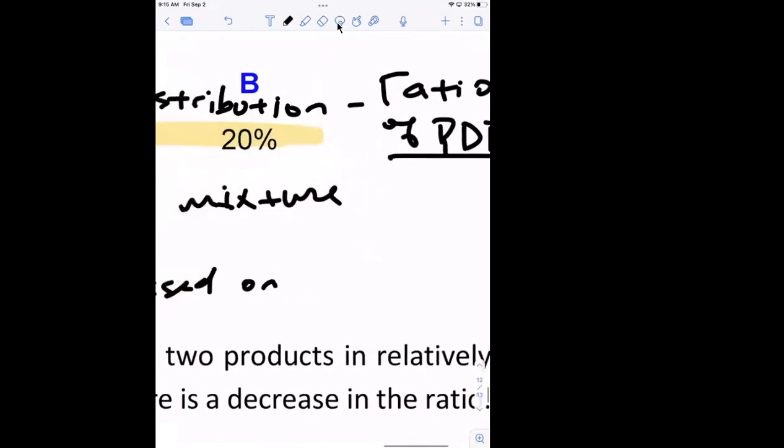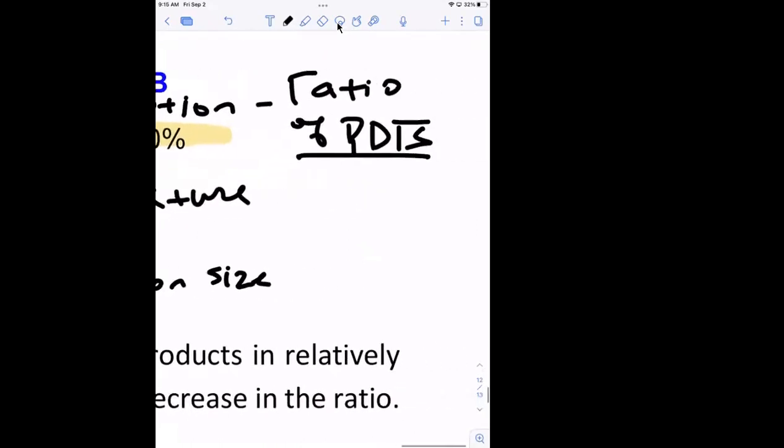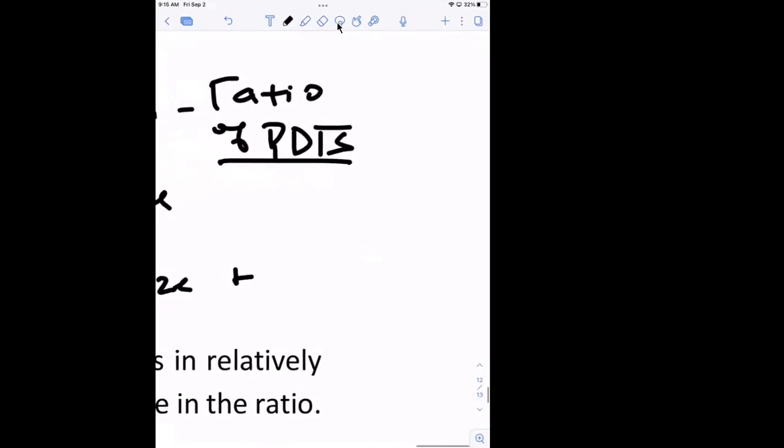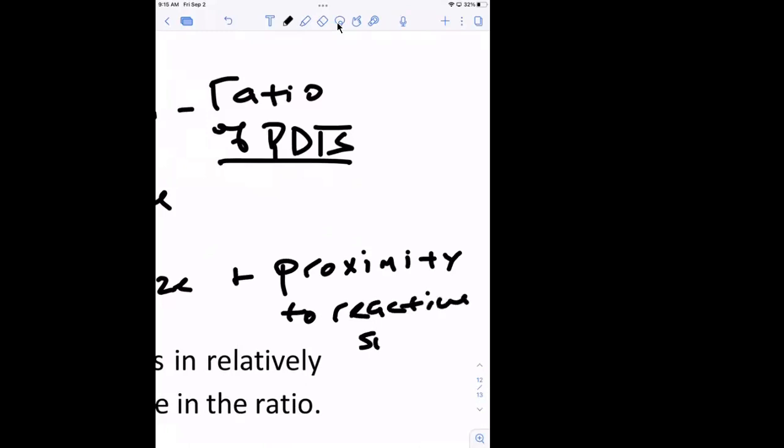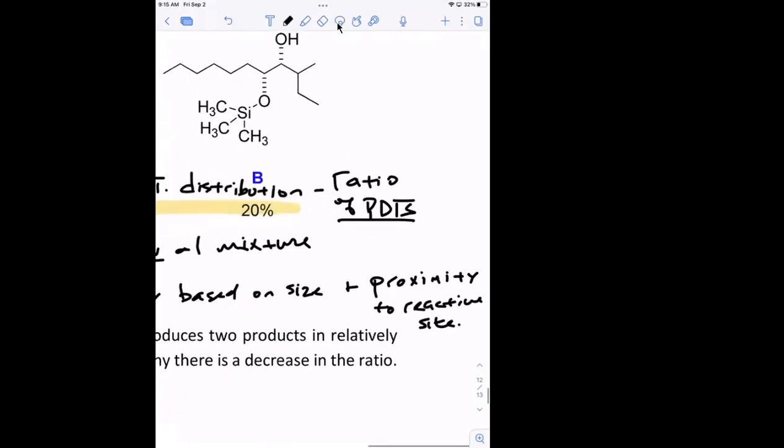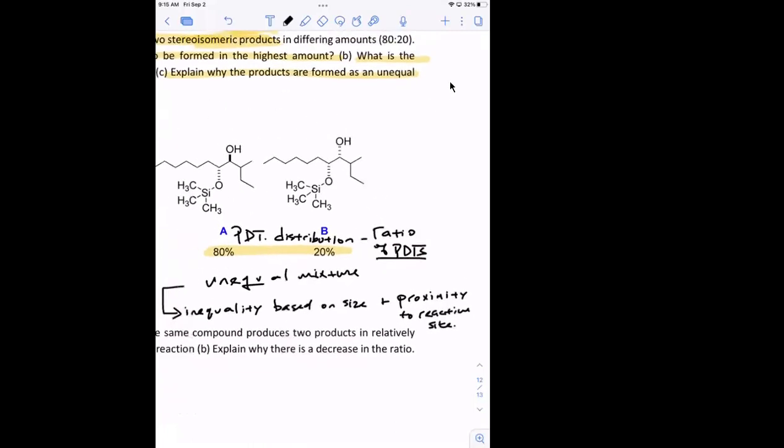And it's really based on the size of the group and the proximity of the group to the reactive site. So those two things determine how far apart the two products are, like how imbalanced the ratio is. It's going to be based on the size of the group and how close it is to the reactive site.